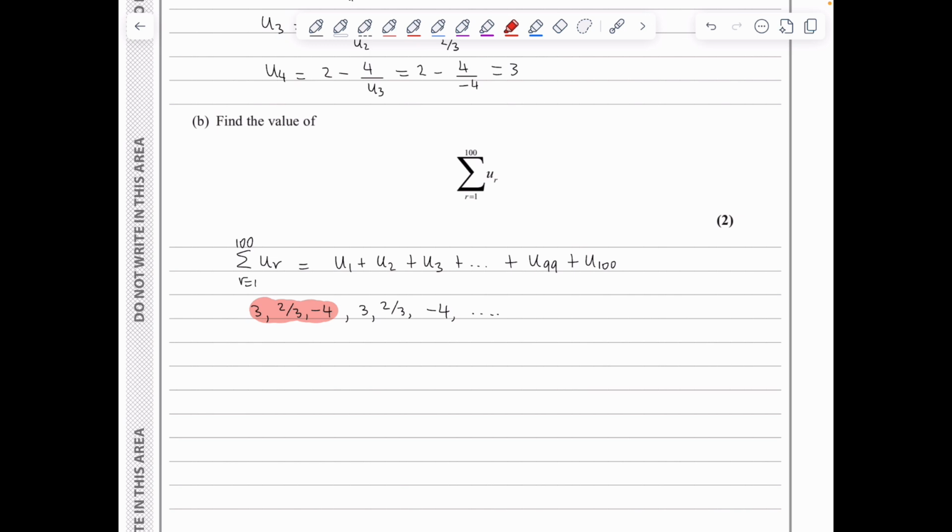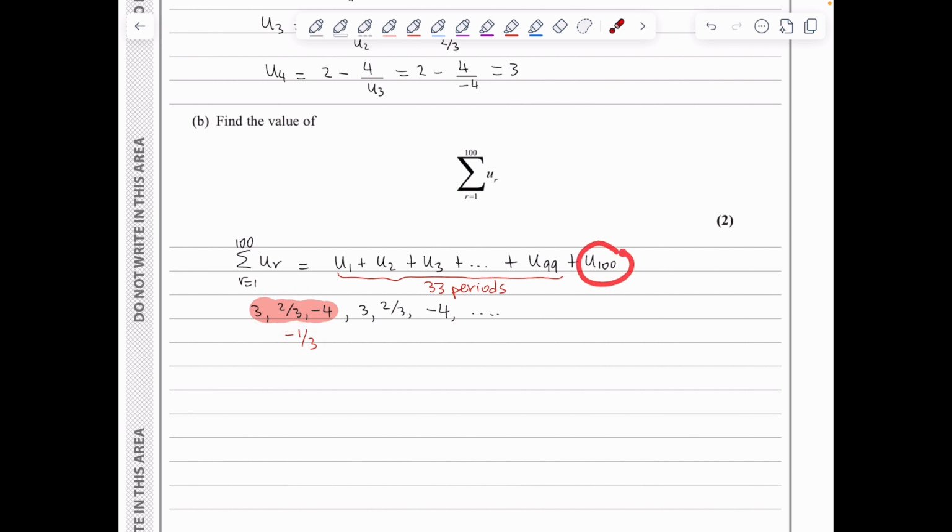So if I consider the sum here, we've got 33 periods. So 33 times 3 is the 99 terms. Each period contributes minus 1 over 3 to the sum, because if I do 3 plus 2 over 3 plus negative 4, I get minus 1 over 3.